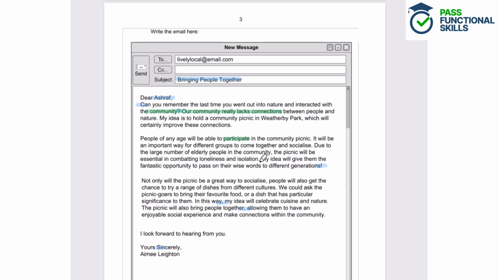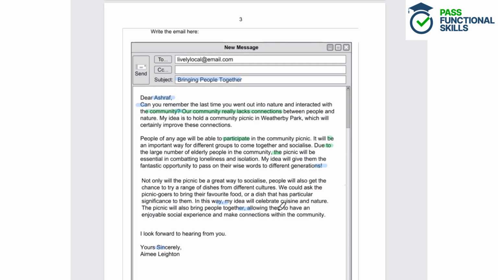So you should try to include some specialist words, and this means that you should include vocabulary that is suited to the purpose of the question. So here we're talking about bringing people together in the community, so using words like community and connections is really effective within the answer. We've also got all of the basic words down as well, so we've got words like to and be and the spelled correctly as well.